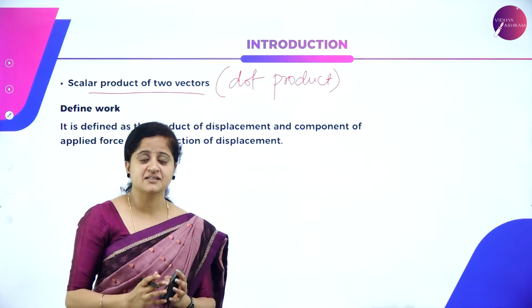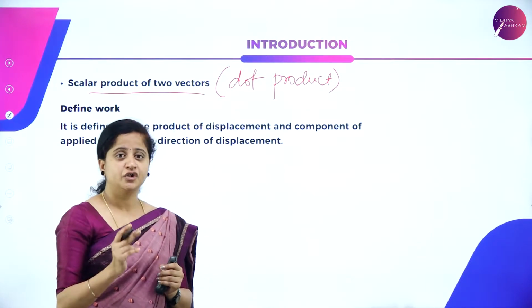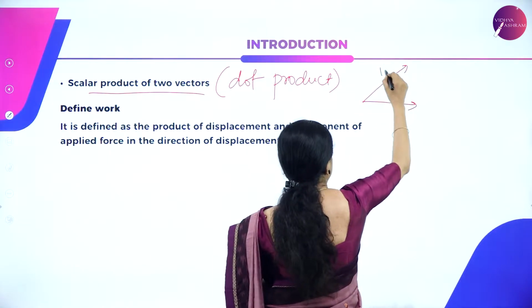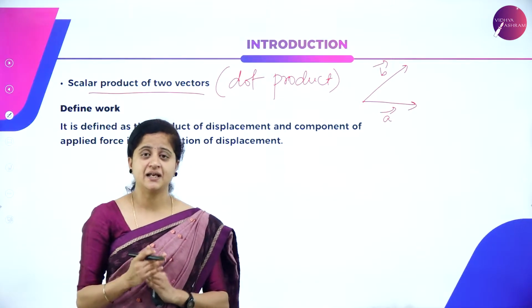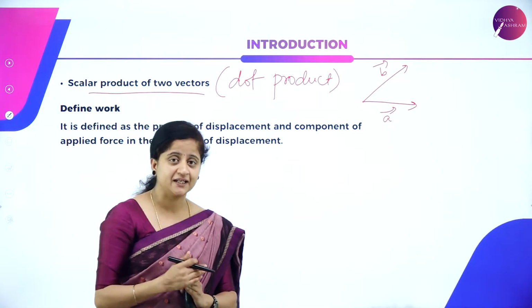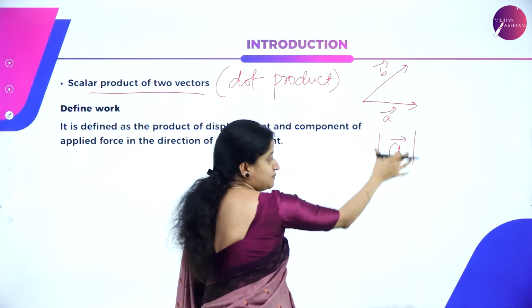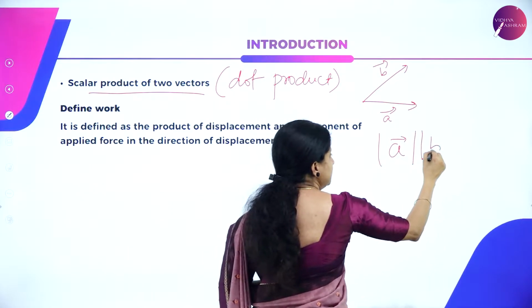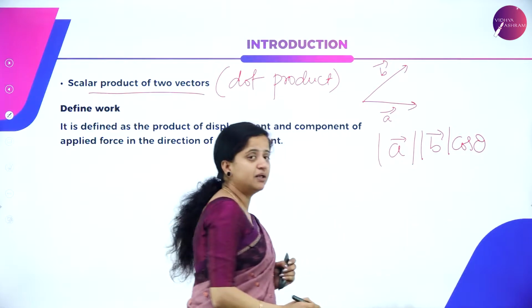To define the scalar product of two vectors, or dot product, let us consider two vectors, vector A and vector B. The scalar product of these two vectors can be calculated by taking the product of the magnitudes of the two vectors, where the modulus represents the magnitude, and the cosine of the angle between these two vectors.